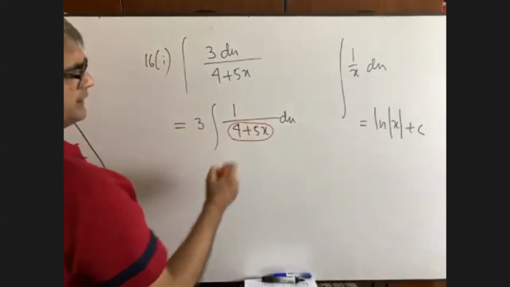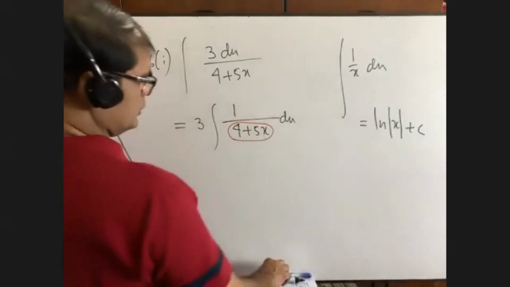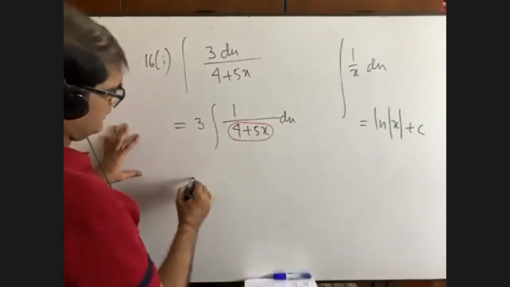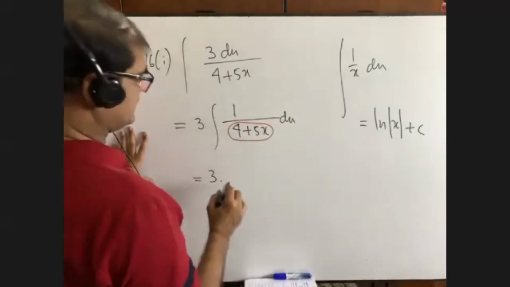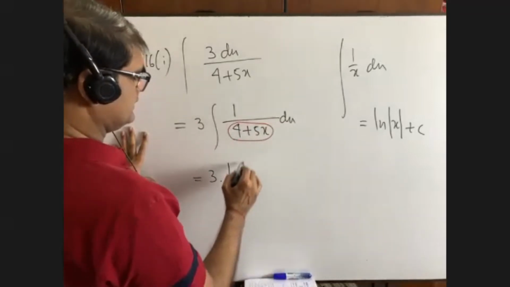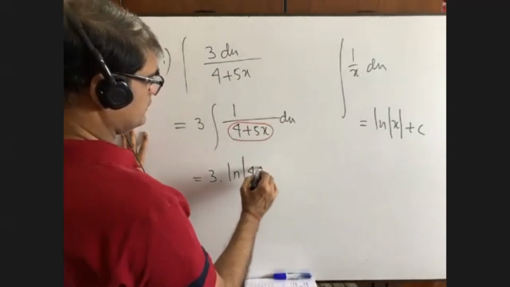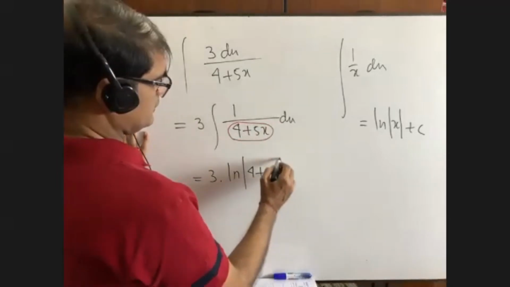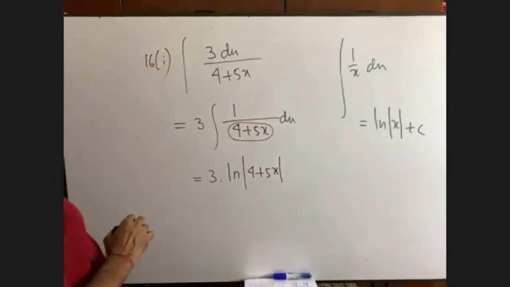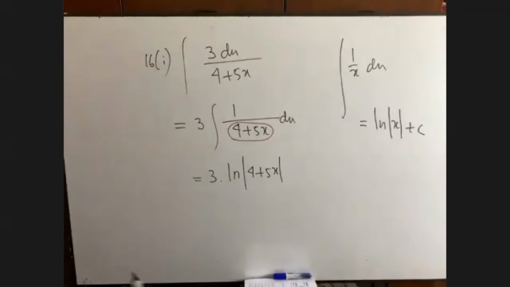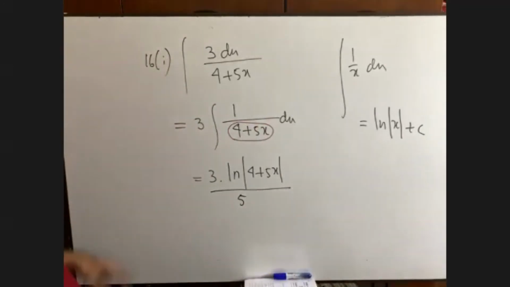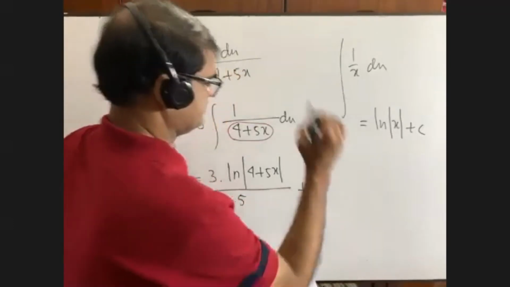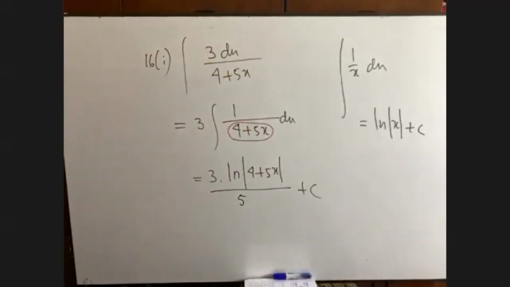So we are getting 1 by x. 1 by x means what? Ln x. So this is ln, this is x. Now what is the coefficient of x here? It is 5. You write down 5 plus c. Is it okay?